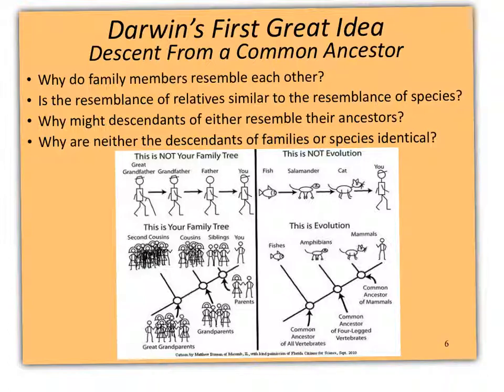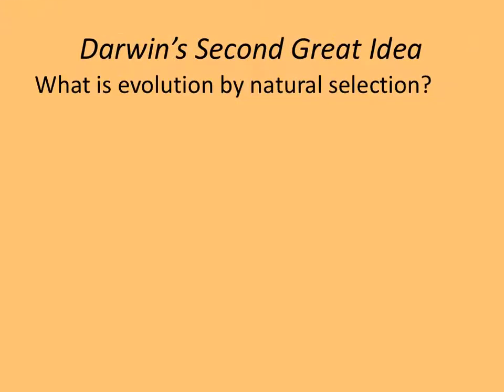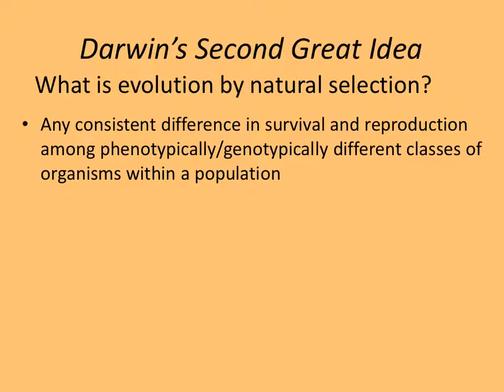Natural selection is anything that happens to an organism during its life, whether it's good or bad. But it has to be heritable. So, evolution: any consistent difference in survival and reproduction, in other words, fitness, among phenotypically or genotypically different classes of organisms within a population.